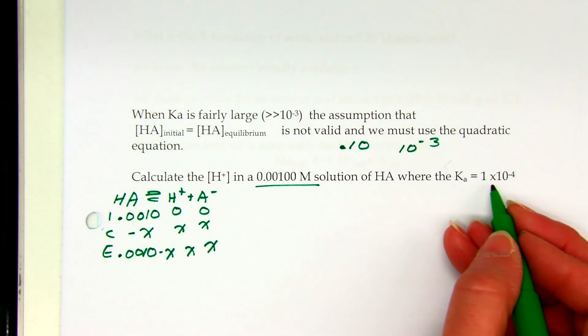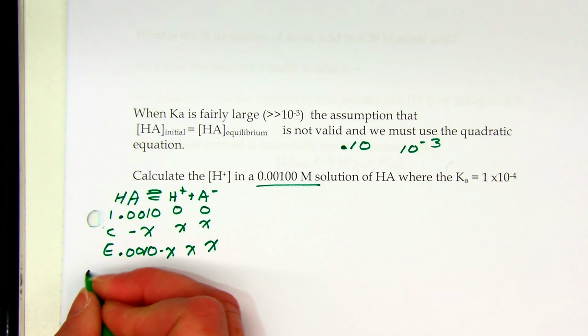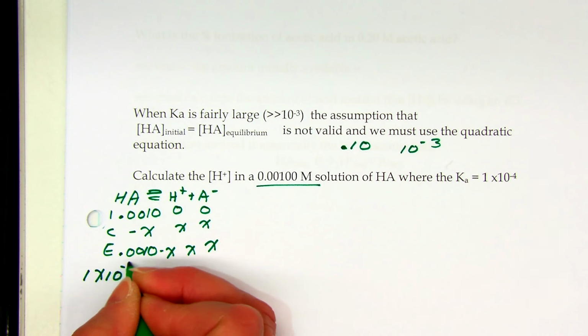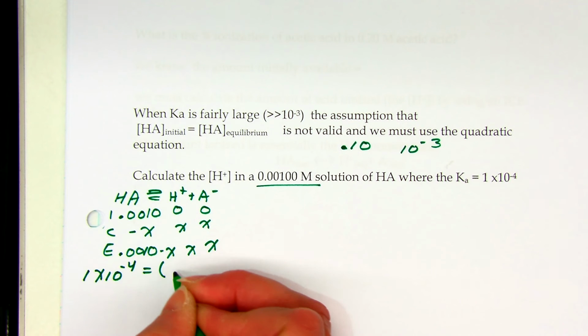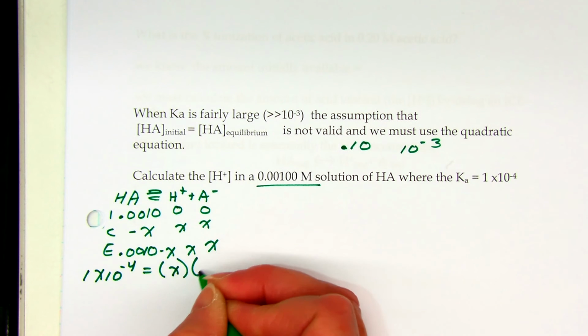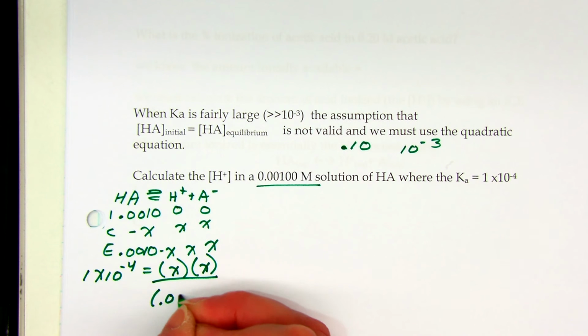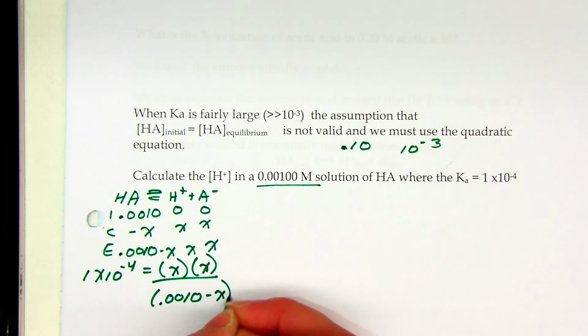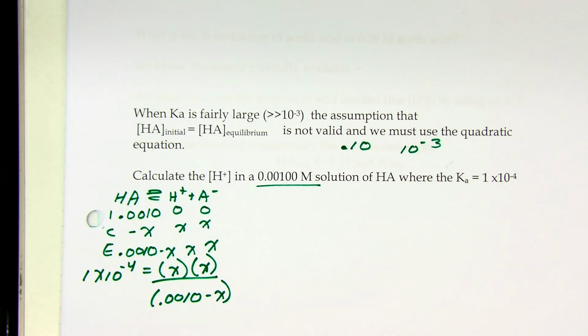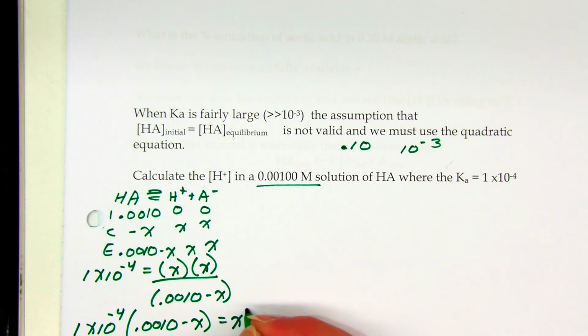So now we only have one sig fig in our K value. 1 times 10 to the negative fourth is equal to H plus (X) times A minus (X) divided by HA, 0.0010 minus X. So now we're going to rearrange: 1 times 10 to the negative fourth times (0.0010 minus X) is equal to X squared.